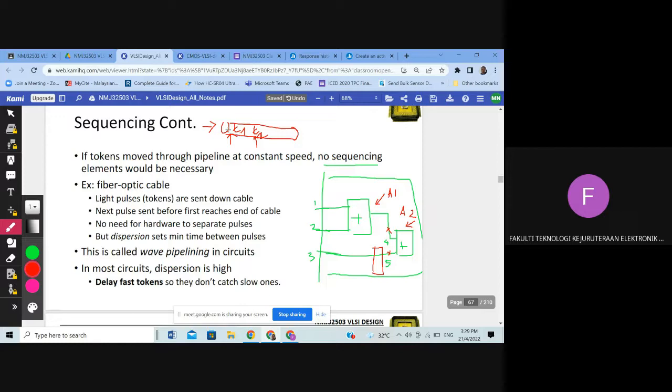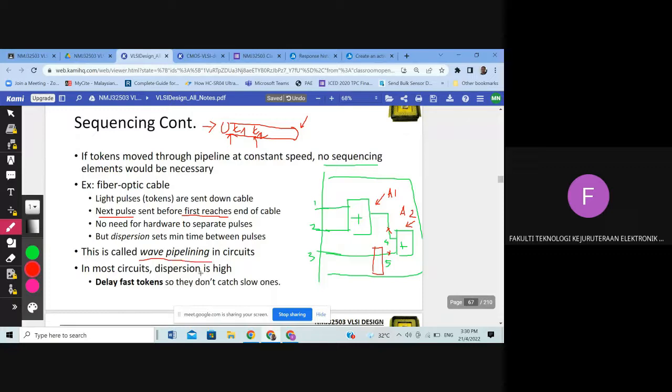Once you send the first pulse, after a certain amount of time it will be at T number 2, and during T number 2 you send another pulse. The next pulse is sent before the first reaches the end of the cable. That's the concept of pipelining. You send one after another, and that's what we call wave pipelining.